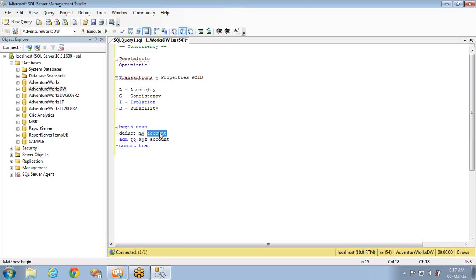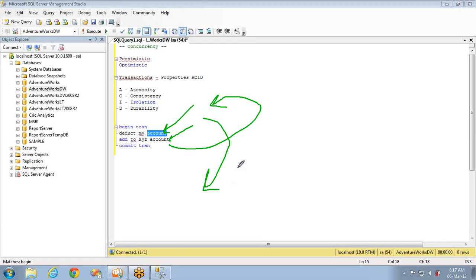If this query is successful and this one fails, then it should not submit the first changes either. That is called atomicity. Everything should be rolled back. So the case should be that either everything is successful or nothing is submitted, everything rolled back. In short, either full or null.